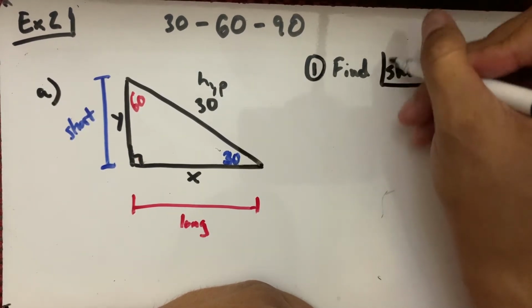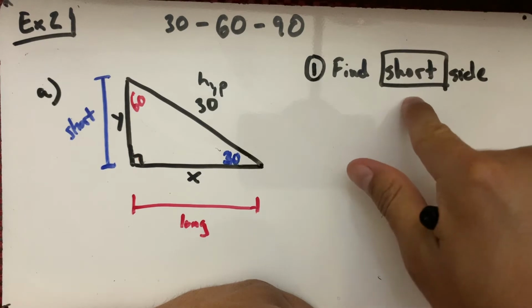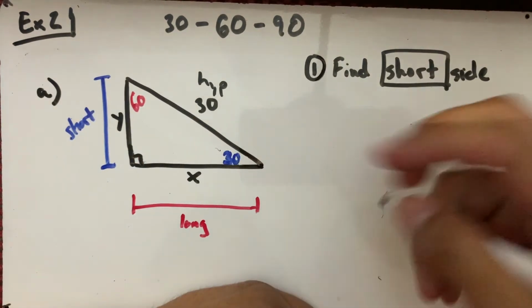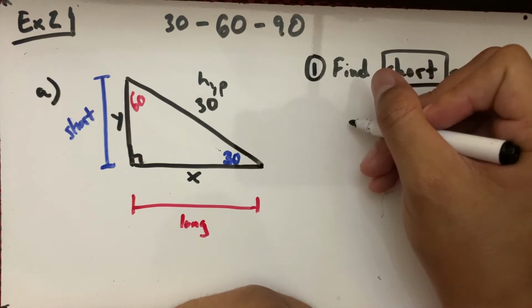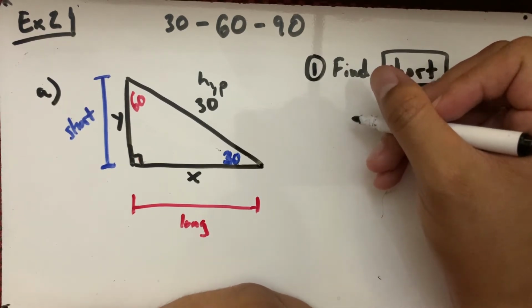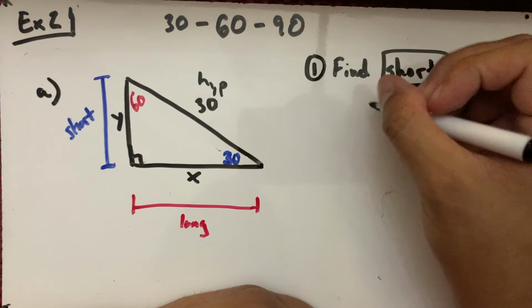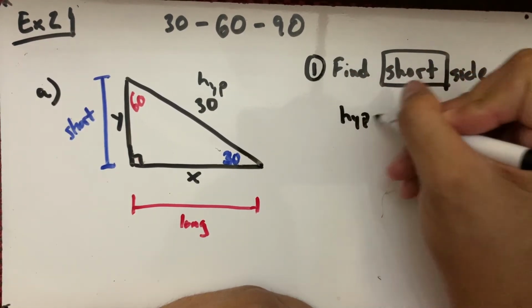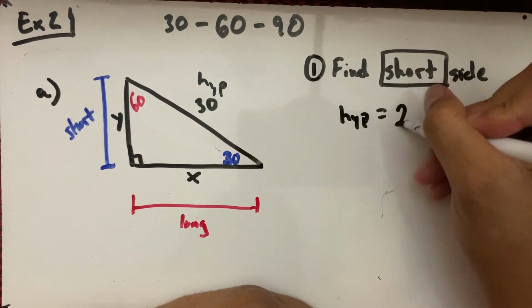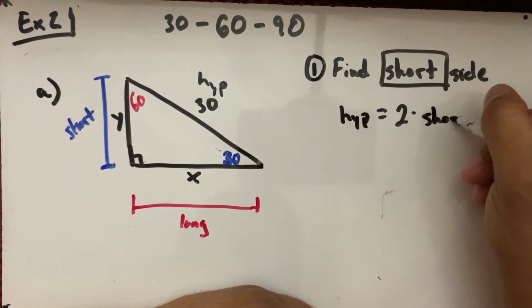That makes your life so much easier. So if we find the short side, it's going to reveal everything else. So in general, we know, if you go back to the video, I guess, that the hypotenuse is equal to 2 times the short side.